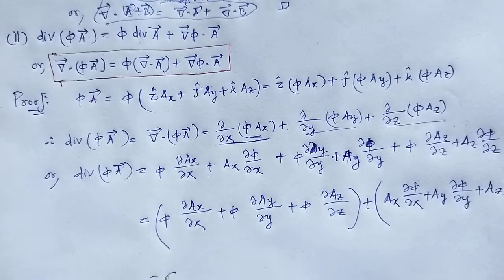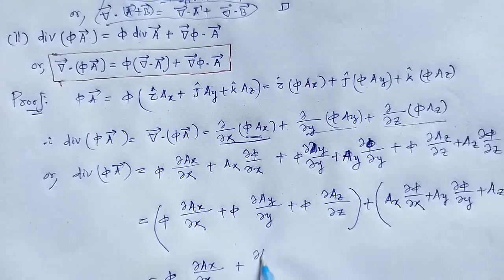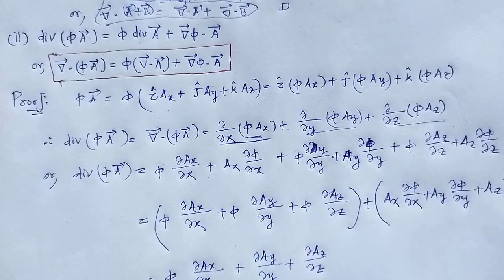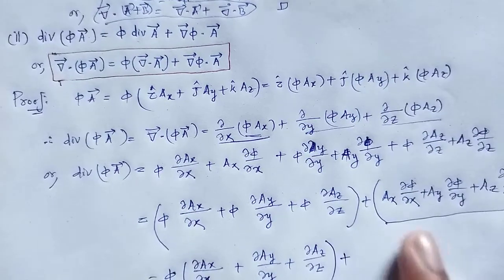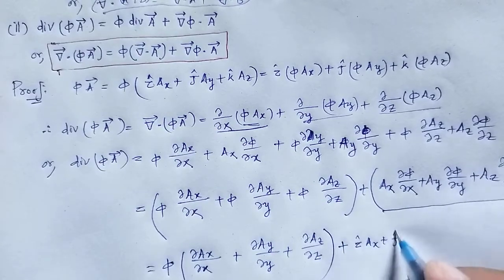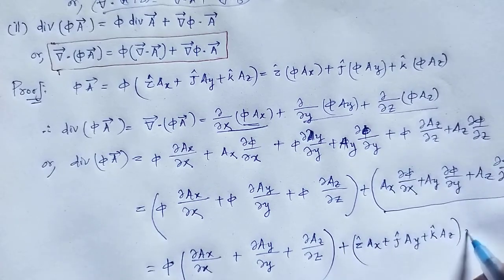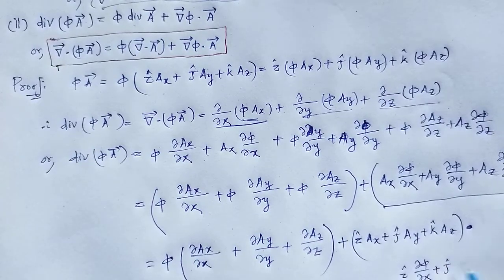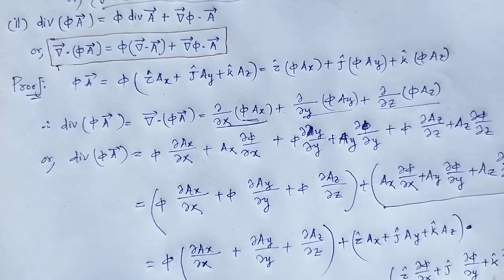Phi taken as common, phi times del ax by del x plus del ay by del y plus del az by del z, plus we can write this as i cap ax, j cap ay plus k cap az, dot product with i cap del phi by del x, j cap del phi by del y plus k cap del phi by del z.